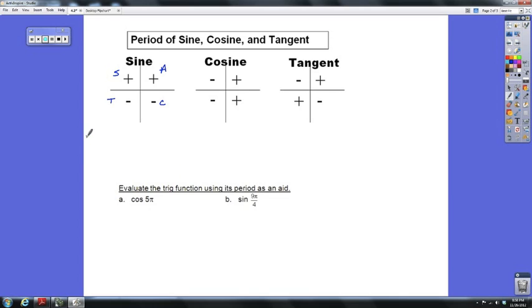Now what I want to do is take a few minutes and figure out some patterns of the pluses and minuses for the sine, cosine, and tangent, so we can figure out what the period of these graphs will be. I say graphs because we're going to be graphing these later, and that's where it's going to be more important.